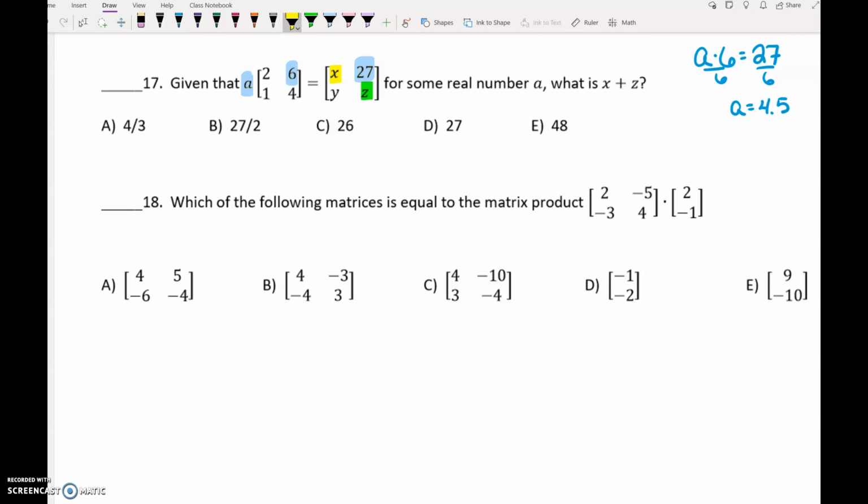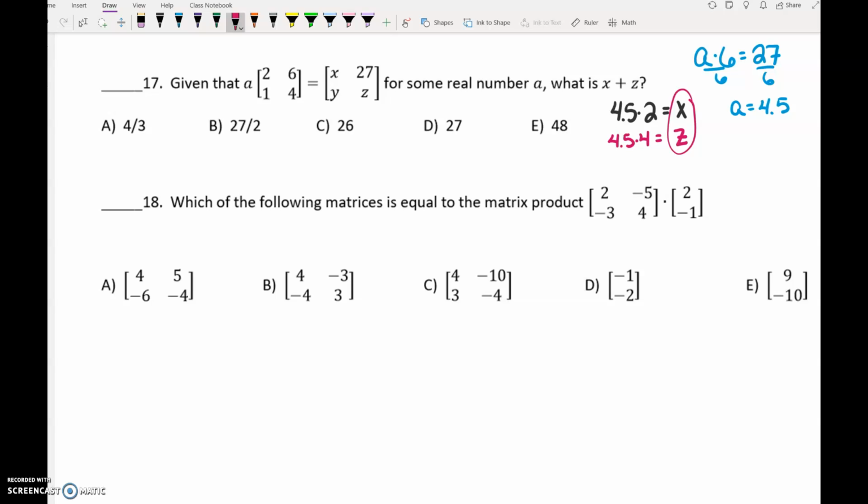So then to find X, you would do 4.5 times 2, and that would give you X. Then you could do 4.5 times 4, and that will give you Z. Once you know what X and Z are, you can add those together to get your answer.